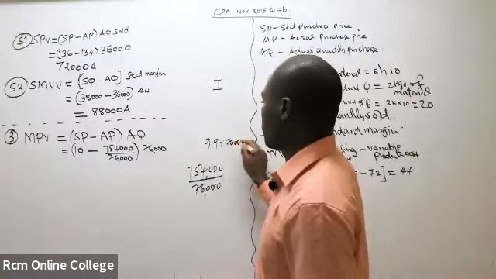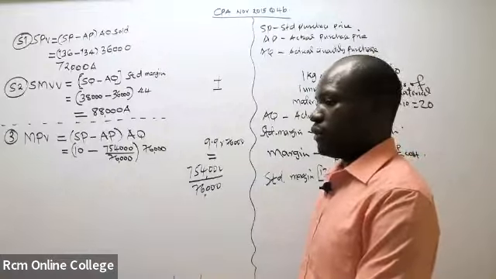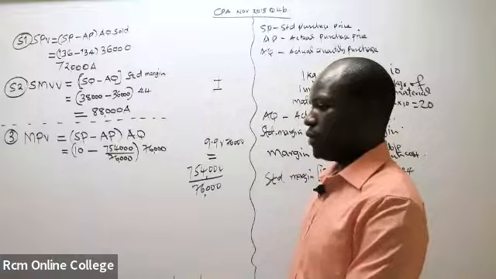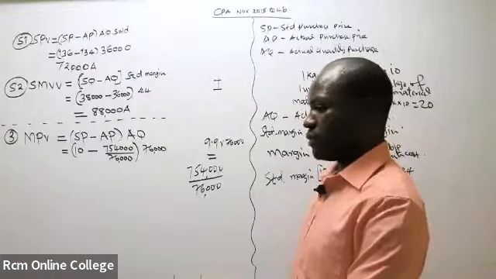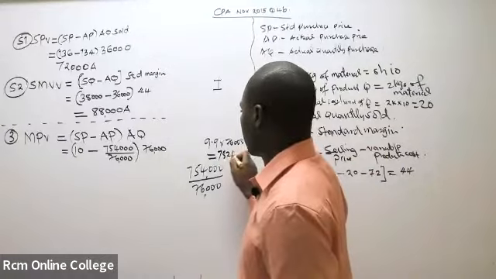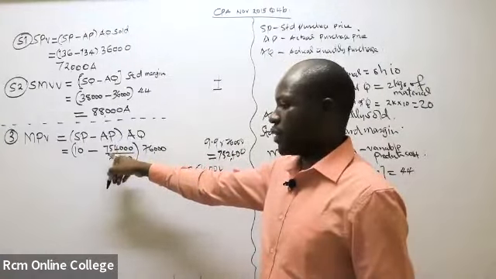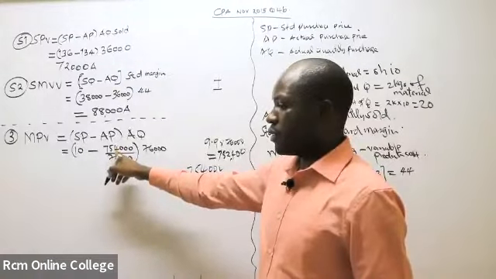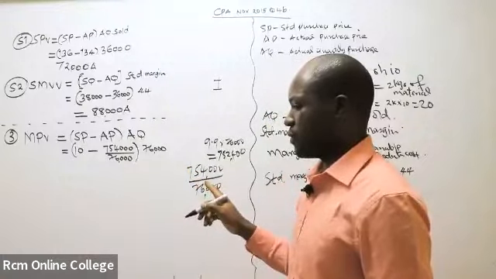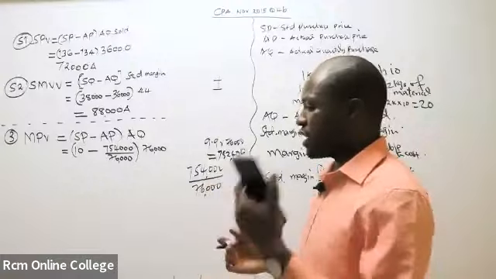What will you have? 752,400. And what were we having initially? 754,000. So have you seen the problem of rounding off? How do I do away with this rounding off?